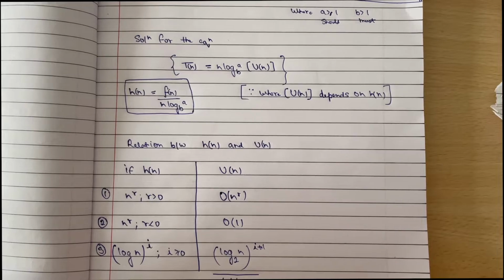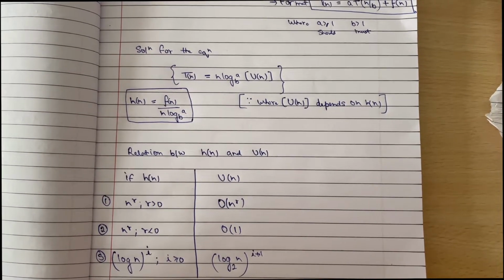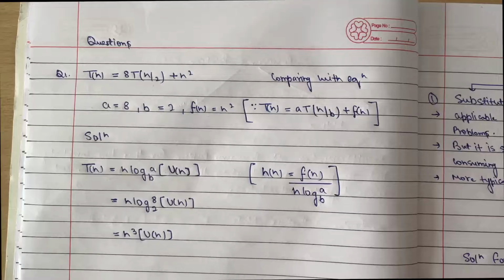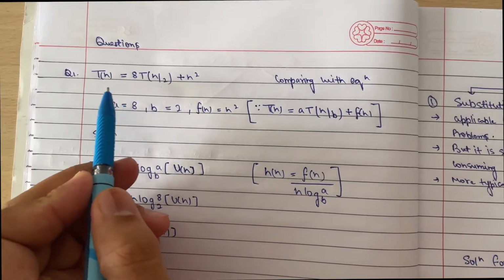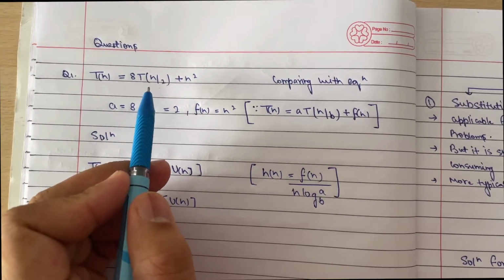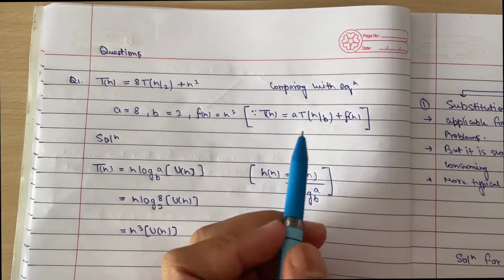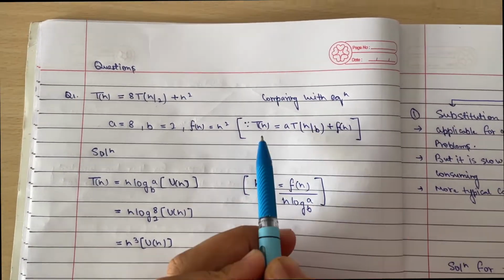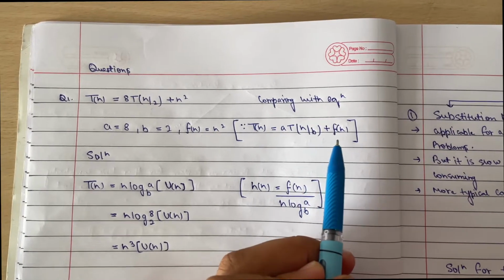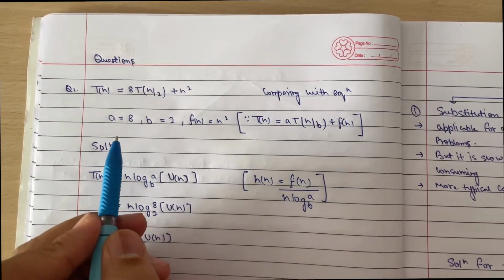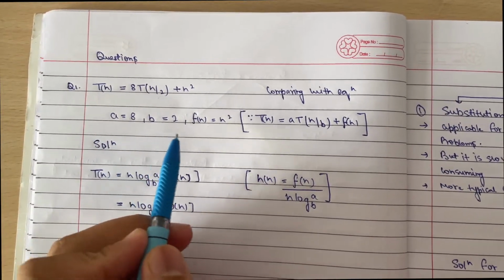Now let us solve recurrence relation problems using Master's theorem. The question here is T(n) = 8T(n/2) + n^2. Comparing with our initial equation, T(n) = aT(n/b) + f(n), we get the values of a, b and f(n).